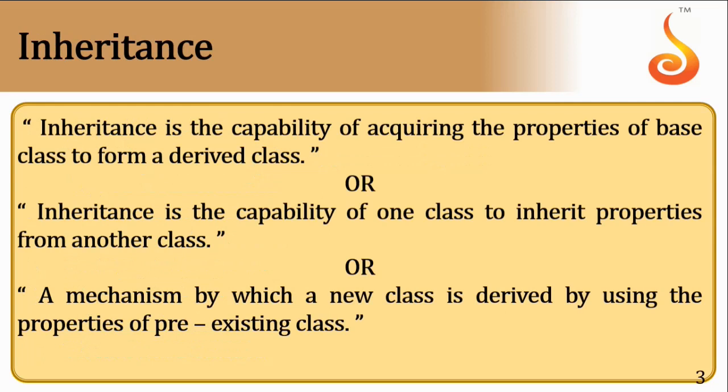The new thing you create would acquire the properties of the existing one. So it is a mechanism in which a new class gets created or derived from an existing class. When you do that, the derived class or the new class will acquire the properties of the existing class. That is what it means.